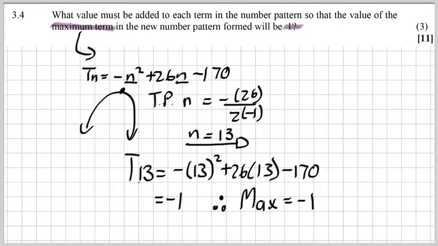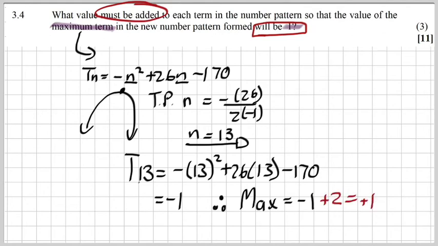But now we look at the new question. The new question is, when will the maximum be 1? So what must I do from negative 1? Remember, the question is add it. So what must I add to negative 1 to get to positive 1? Come on, Matrix, you can do it.